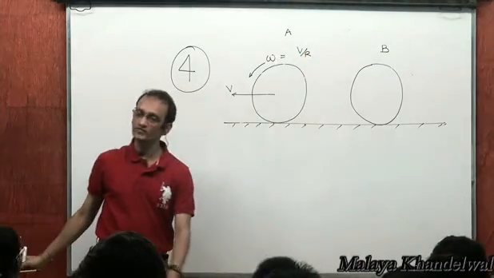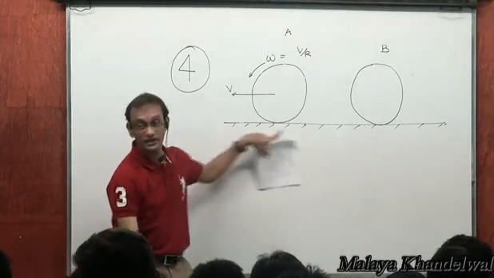Yes or no? Angular velocity must be v by r if it rolls without slipping on this conducting plane.